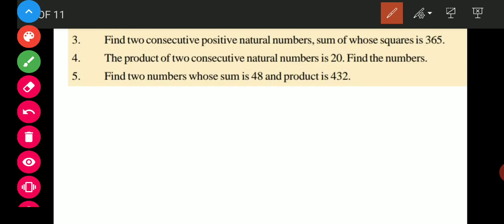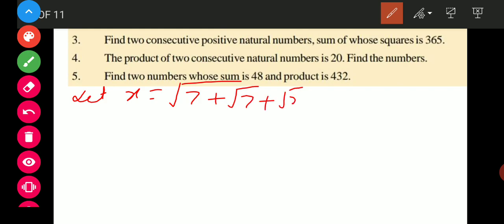First of all, let x is equal to under root of 7 plus under root of 7 plus under root of 7 plus up to infinity. So what will happen?